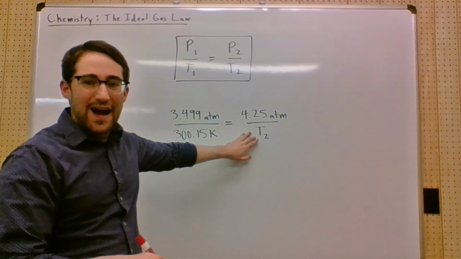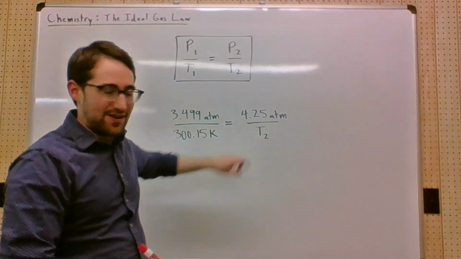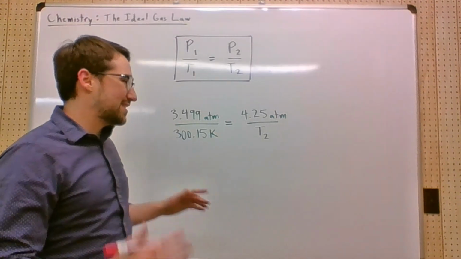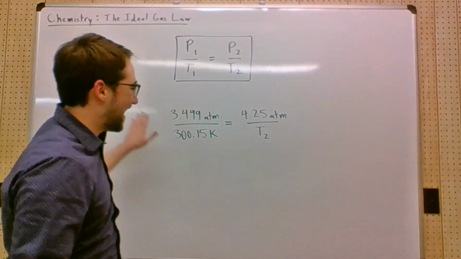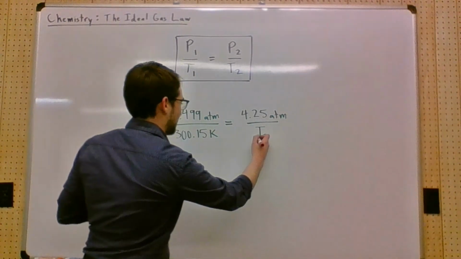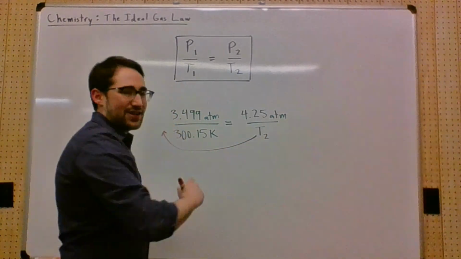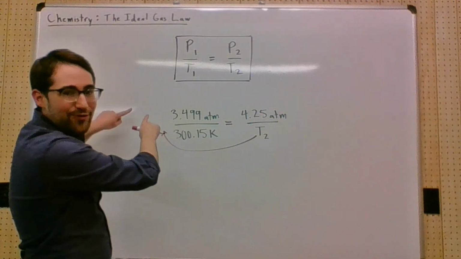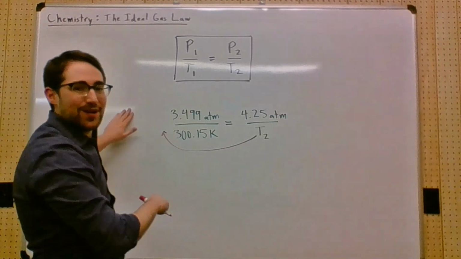Since this is being divided, and I don't want it to be down there, the way I would undo that is to multiply it on both sides. But instead of showing the multiplying on both sides and then this just cancels out, I'm going to show this by essentially saying I'm multiplying it to the other side. I'm kind of carrying it over. If it was on the bottom, it now goes up to the top.